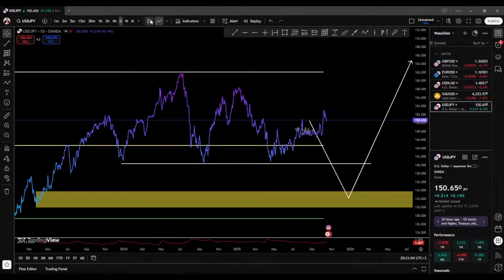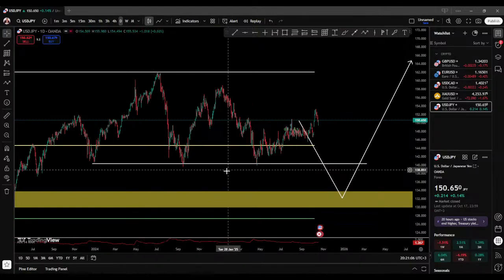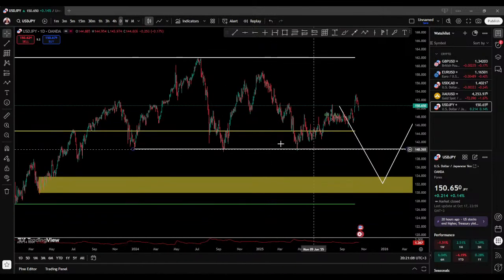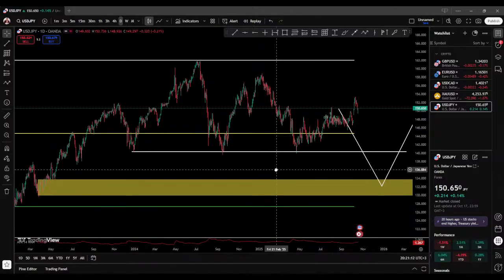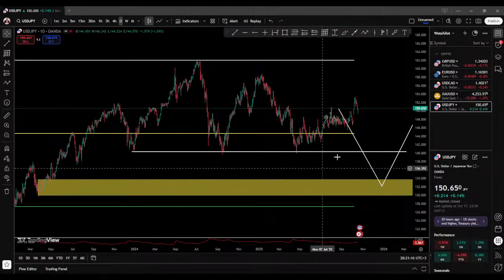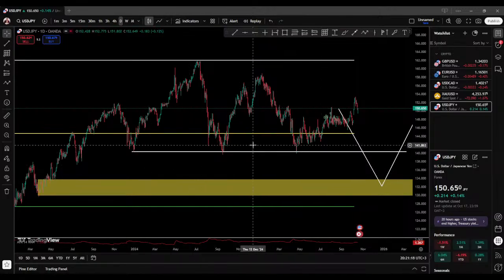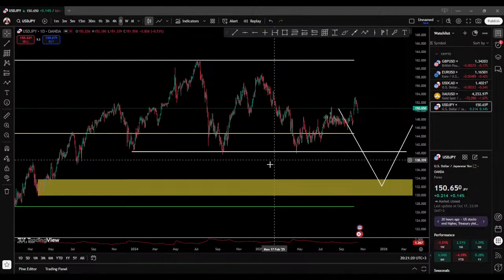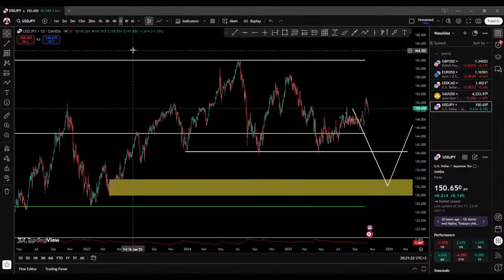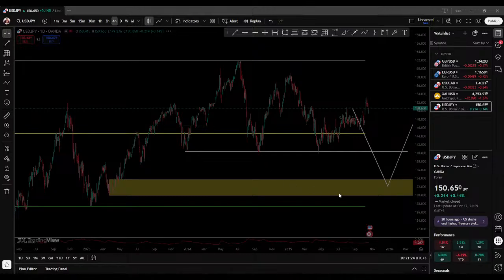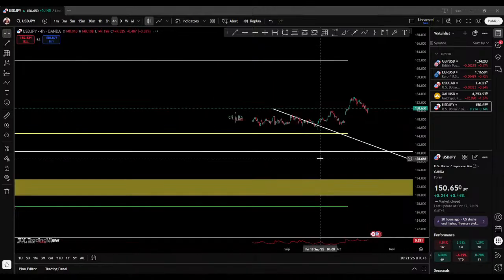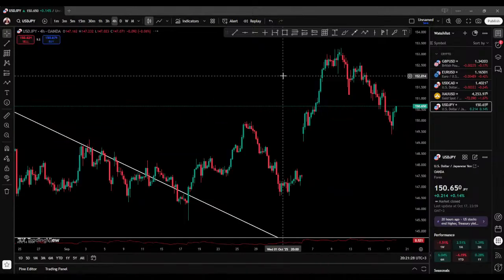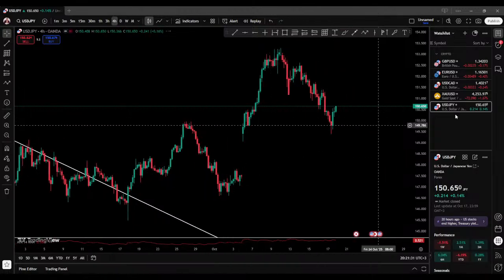So if you spot liquidity in the daily time frame, you see these are relative equal lows, and they call this support, but this support will be taken out eventually, and looks like it can be this week.